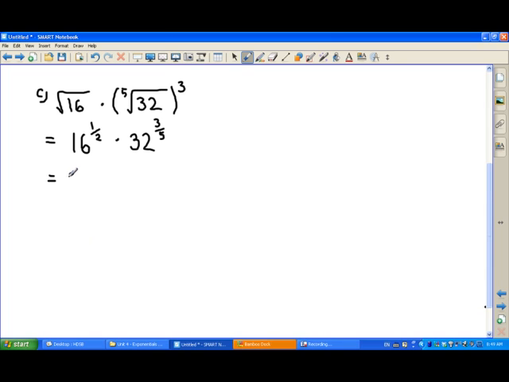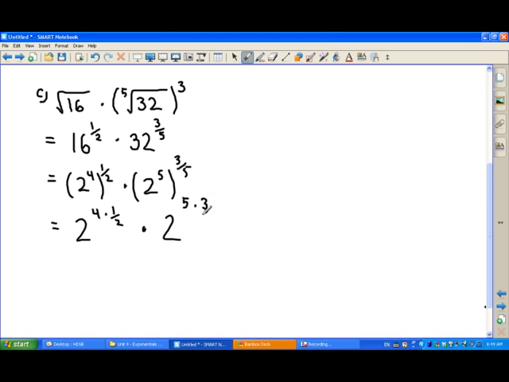I can express 16 as a power with a base of 2. 16 is 2 to the power of 4 to the power of 1/2. 32 is the same as 2 to the power of 5, all to the power of 3/5. Again, I have an example of a power raised to a power. So I have 2 to the power of 4 times 1/2, all multiplied by 2 to the power of 5 times 3/5.